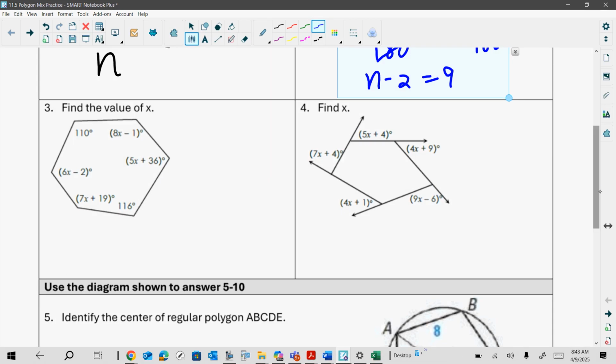Now, on number 4, I hope y'all see that these expressions are representing the angles on the outside. So what do we need to know about the exterior angles? They always equal 360.